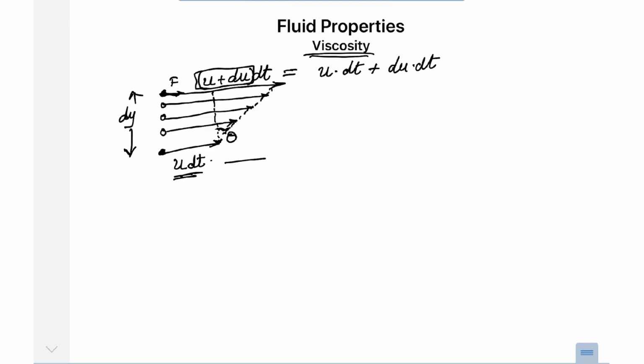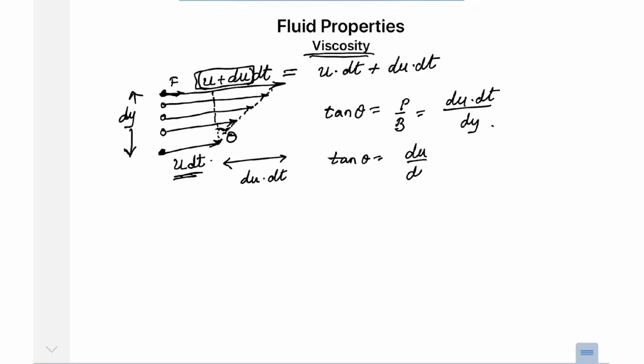That means this particular distance, the extra distance traveled by the above particle, will be equal to du into dt. Writing down tan theta, it will be perpendicular upon base. Perpendicular is du into dt and base is dy. So tan theta will be equal to du by dy into dt.